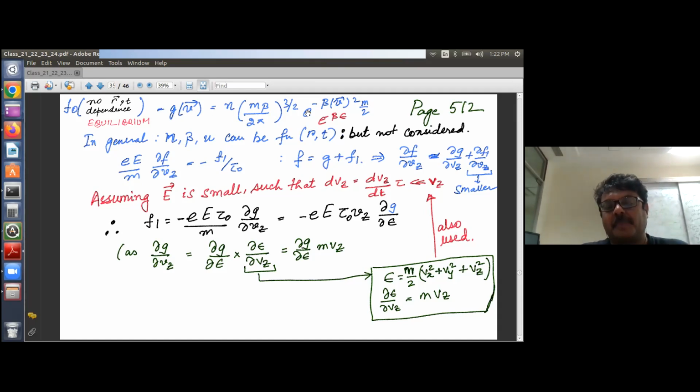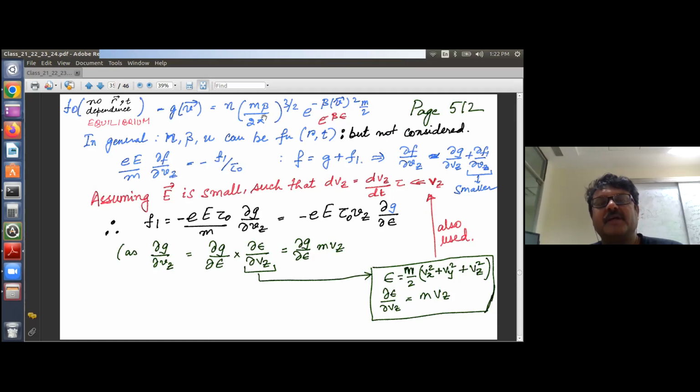So in equilibrium, the Maxwell-Boltzmann distribution of speed, well, it can be shown also, but I'm asking you to assume it. And the Maxwell-Boltzmann speed distribution is n times m beta.